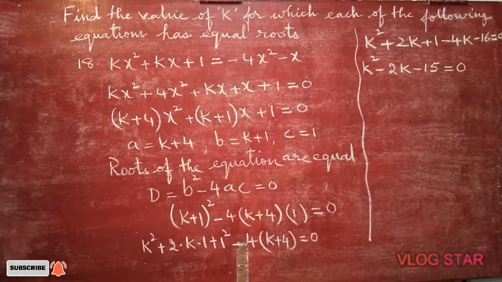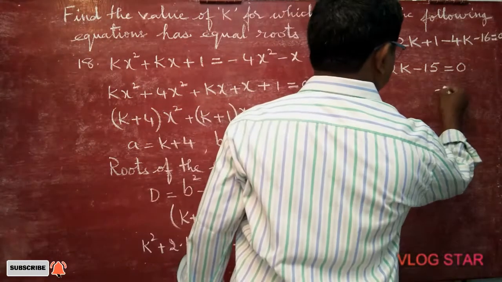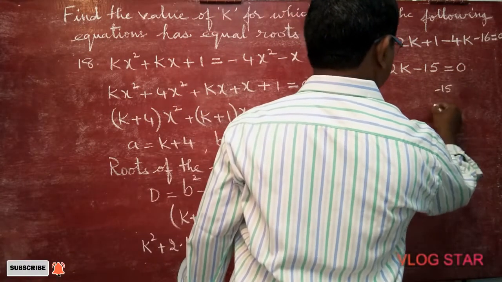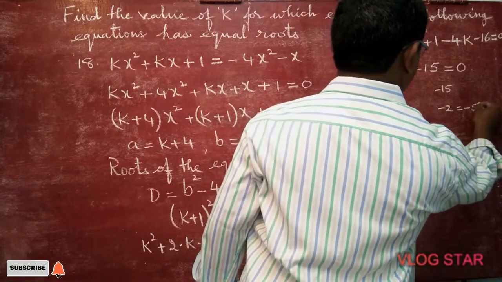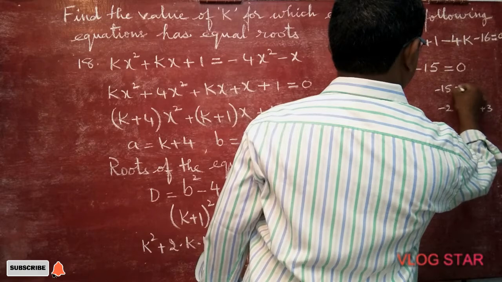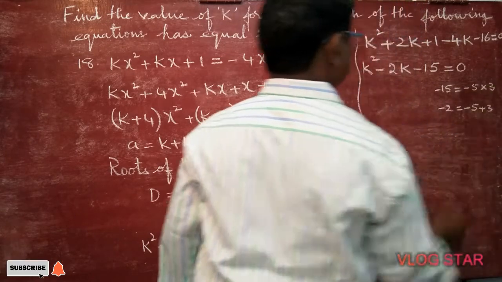Now we got the quadratic equation shape. For which number do we have to find factors? For minus 15. When we simplify, minus 2 should come. So minus 5 plus 3, that is equal to minus 5 into 3.